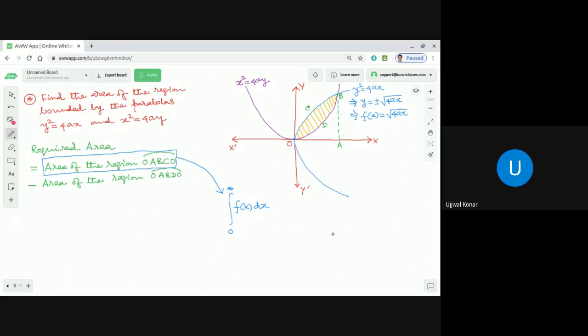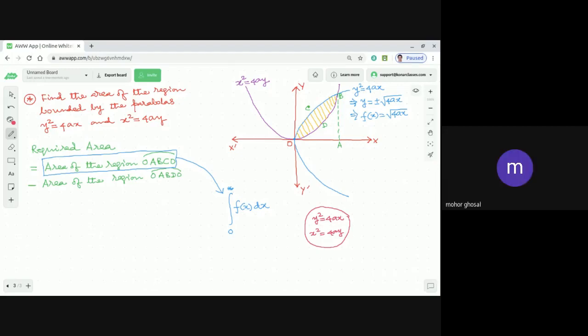To find the coordinate of the point B, I need to solve these two equations. One equation is y square equal to 4ax, and another equation is x square equal to 4ay. If you just concentrate without looking into the curve, to solve this what you will get is the value of x and y which is satisfied by both the curves, both the equations.